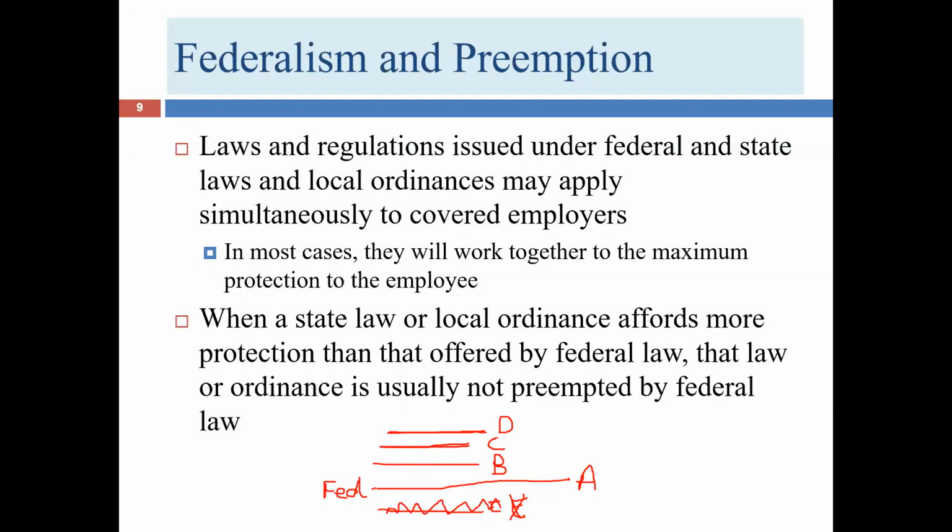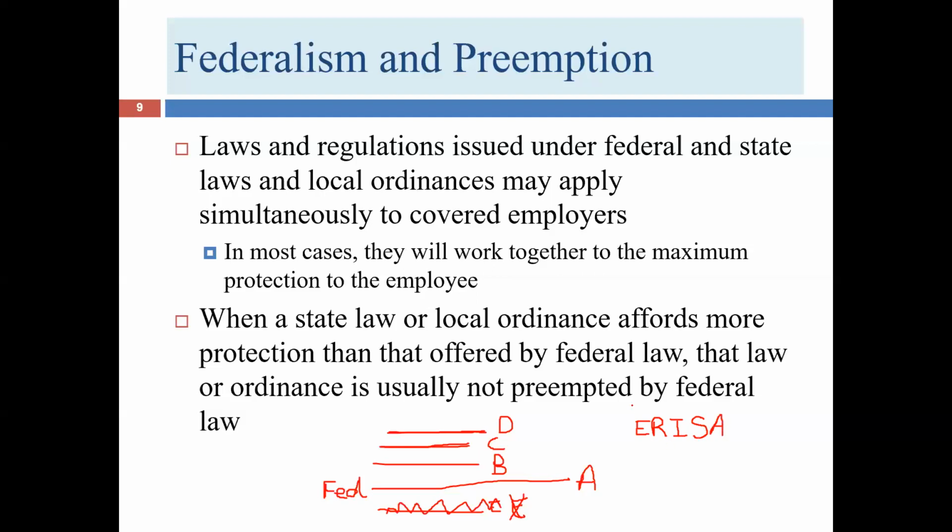Now there is one statute that doesn't work this way. There's always got to be one statute, right? And that's the ERISA statute. We'll talk more about ERISA later on. ERISA is the statute that relates to employee benefits. And in that situation, federal law provides what's called a floor and a ceiling.